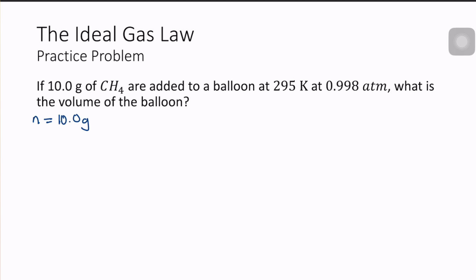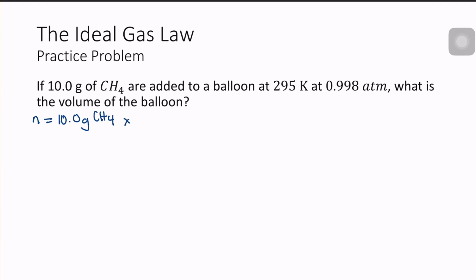If you recall, our n must be in moles. So I'm going to have to use the molar mass of methane in order to convert between grams and moles. So we can calculate the molar mass of CH4. And what do you all get?